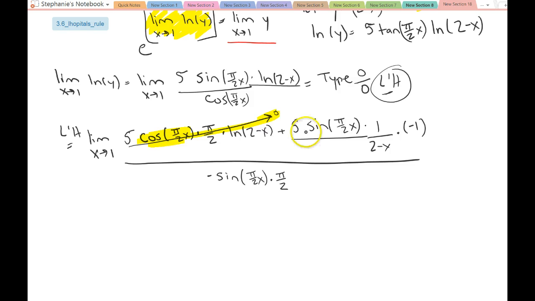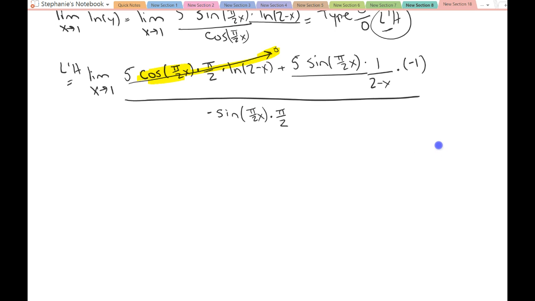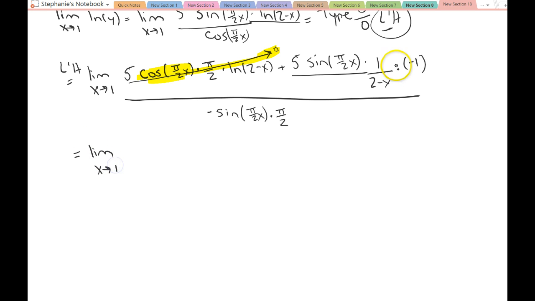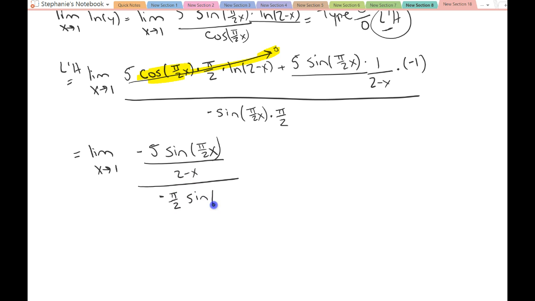And then sine of pi over 2 goes to 1. And I end up with, just cleaning this up a little bit, the limit as x goes to 1, let's rewrite this as minus 5 sine of pi over 2x over 2 minus x divided by minus pi over 2 sine of pi over 2x.